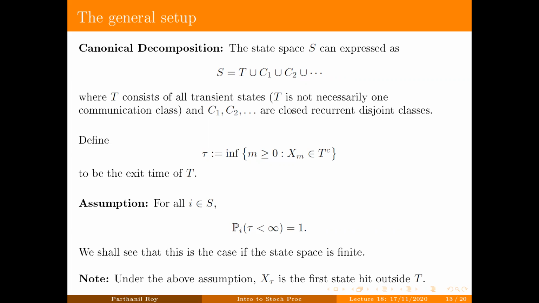In general, recurrent states may not all be absorbing, right? So therefore, the Markov chain may not stop. So this is not the final value of the Markov chain or anything. X tau is just the first state that is hit outside T. That means X tau is the first recurrent state that the Markov chain reaches.